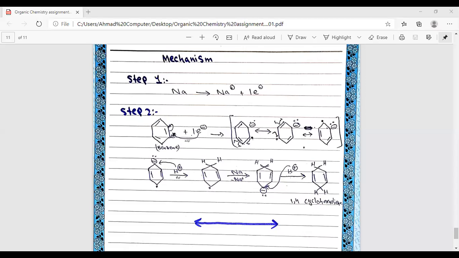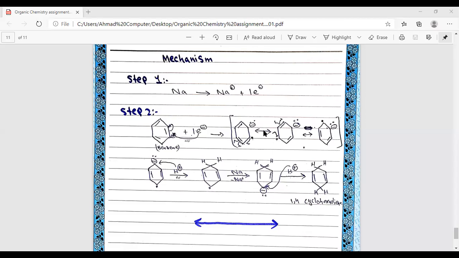So we were talking about the mechanism of the reduction. We were on the second step, in which one electron reacts on the carbon atoms of the benzene. So here the three double bonds break and shift onto these carbon atoms.